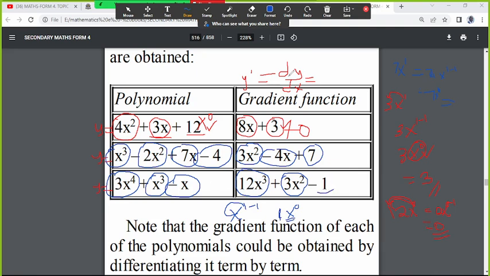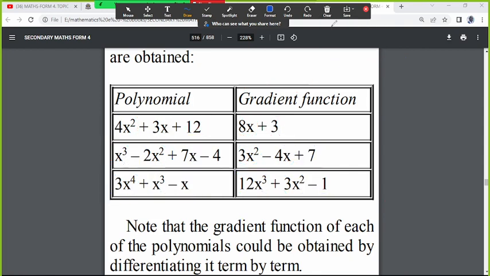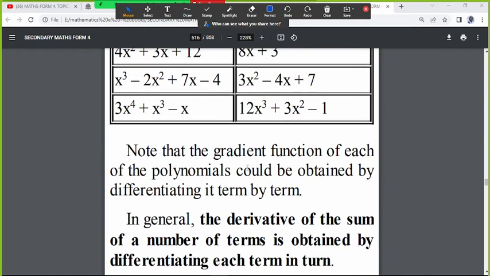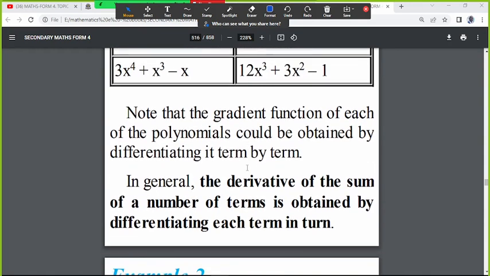So what are we doing here in general? When we are differentiating a polynomial, note that the gradient function of each of the polynomials could be obtained by differentiating each term in turn.